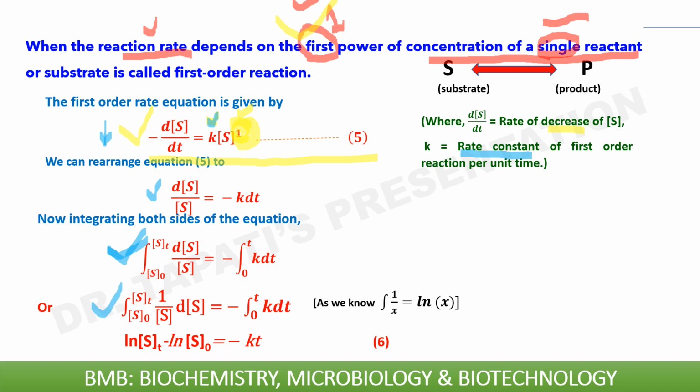So we can convert this equation into ln St, upper limit St, minus ln S0, lower limit, equal to minus kt, where substrate concentration at time t is St, whereas for the initial concentration of the substrate S0, the time was 0. I am giving this equation as sixth equation.